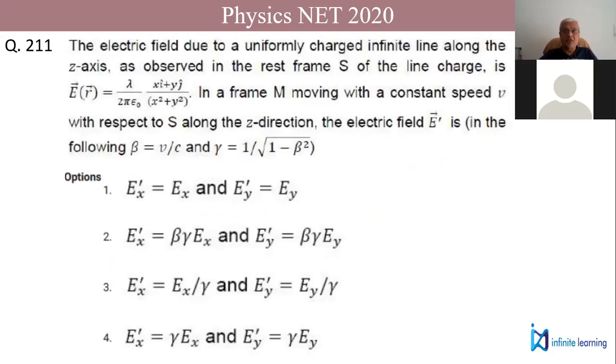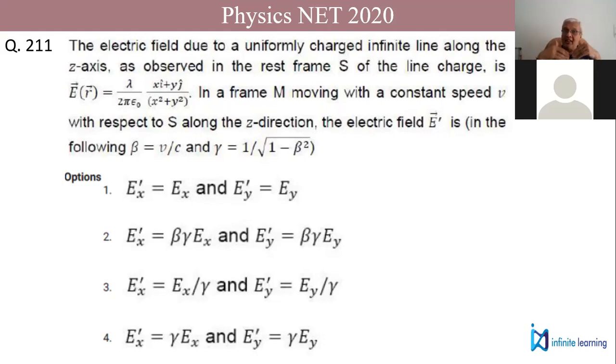Many times what happens is you have field transformation equations where the relative speed is in the x direction, and without realizing that here the relative speed is in the z direction, you have to transform the fields accordingly.